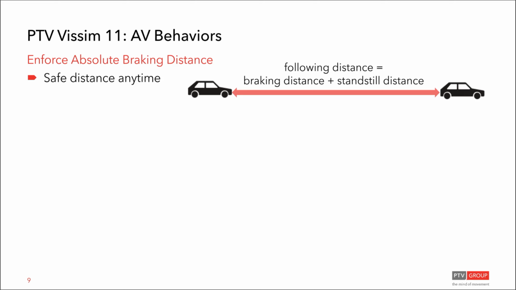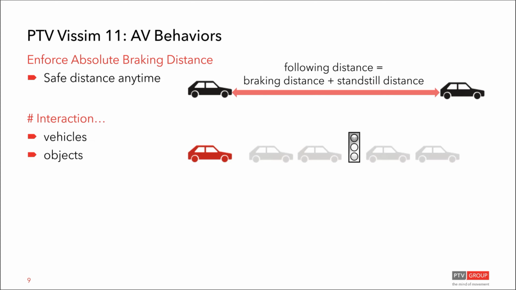Even then, I guarantee I keep a safety distance so that this vehicle is able to do emergency braking and stopping in front of the vehicle. That of course always leads to much higher distances, but you can activate it in Vissim.